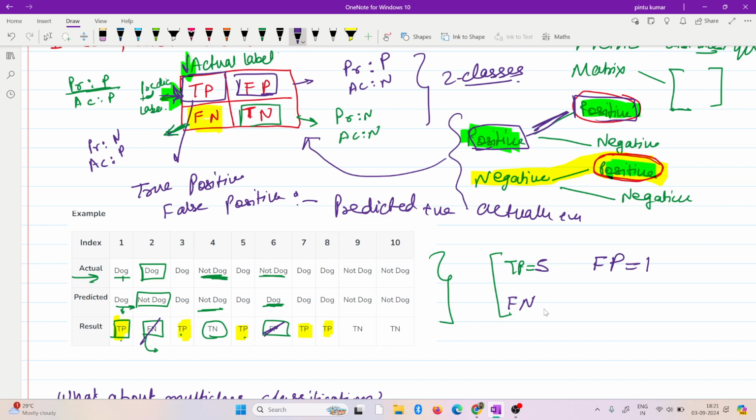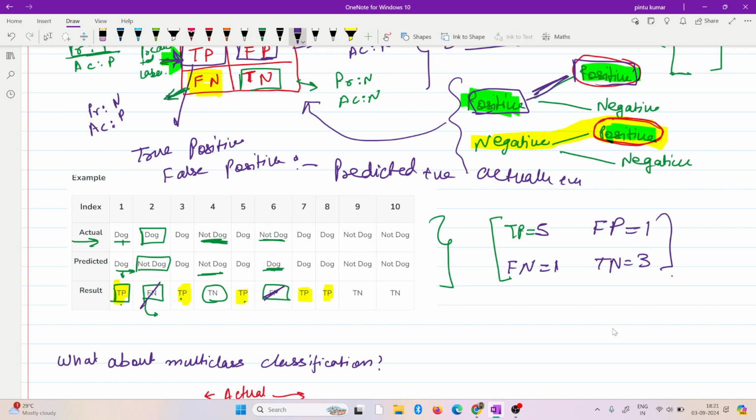And then I have 3 true negatives, right? So this gives you a matrix, and it gives you an idea of how your classification model is performing.